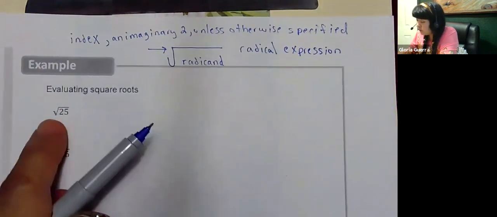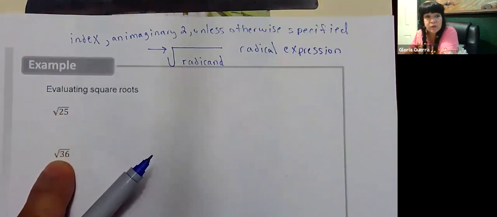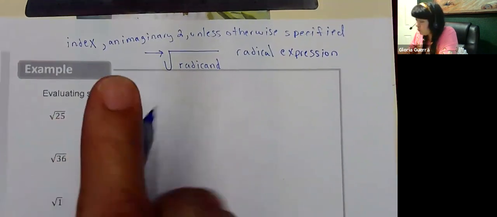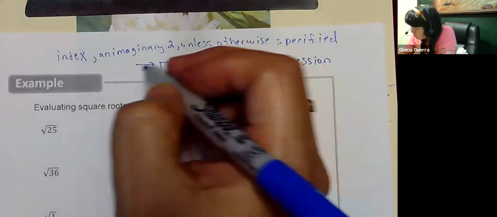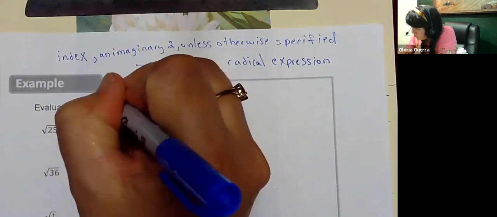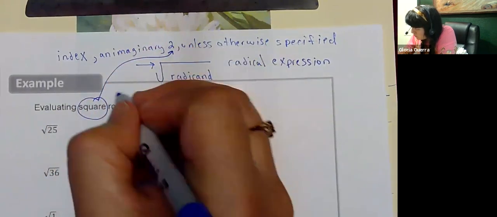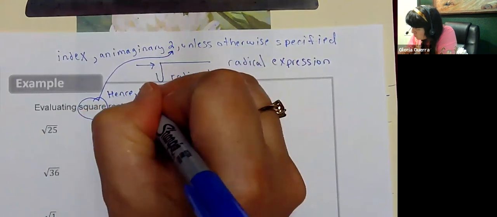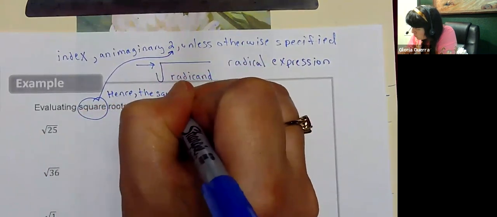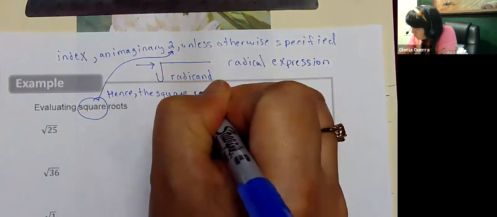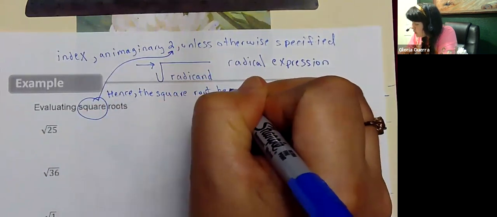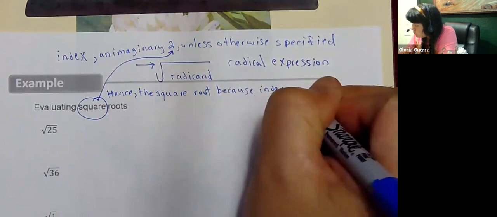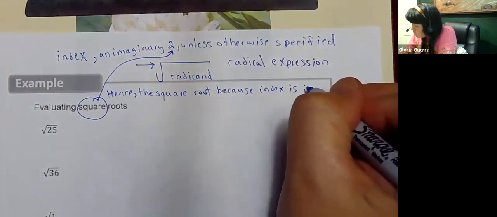And so all of these have an imaginary 2, and that's why they're called square roots. So an imaginary 2, hence the square root, because the index is 2.